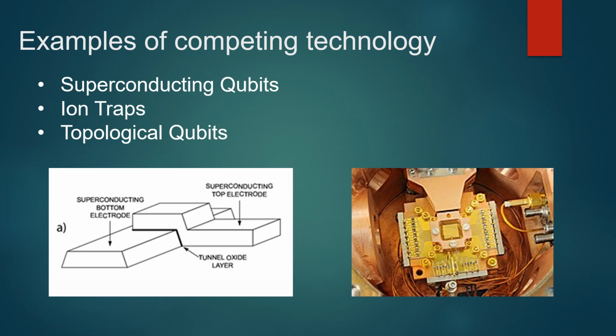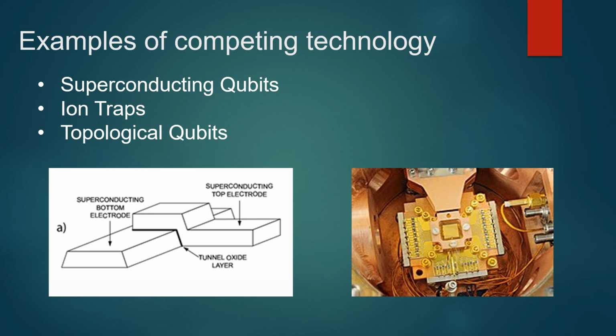The advantage of this setup is that it has fast gate speed and mature control techniques, but it requires an extreme cryogenic environment at the millikelvin level, scalability is also a challenge, and it has shorter coherence times and requires complex error correction techniques.